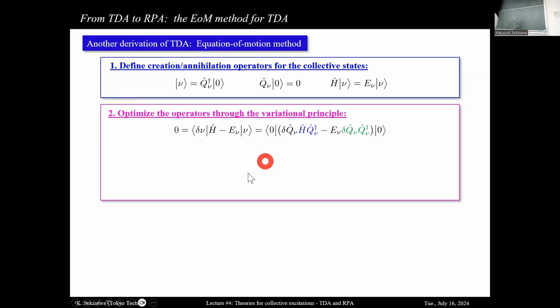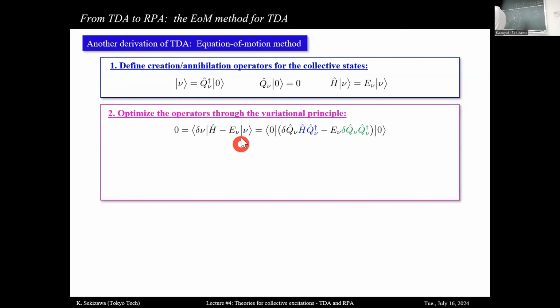What we do is similar to the variation condition used to derive any theory like Hartree-Fock, BCS or Tamm-Dancoff equations, but we consider variation with respect to this operator Q. The derivation is quite similar to the Tamm-Dancoff case.